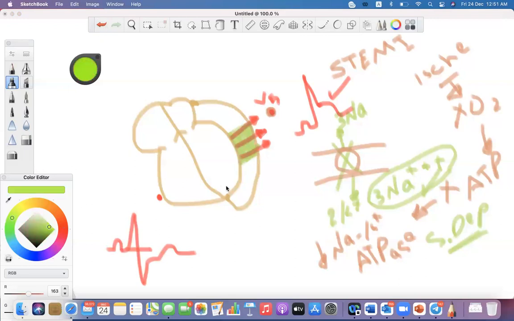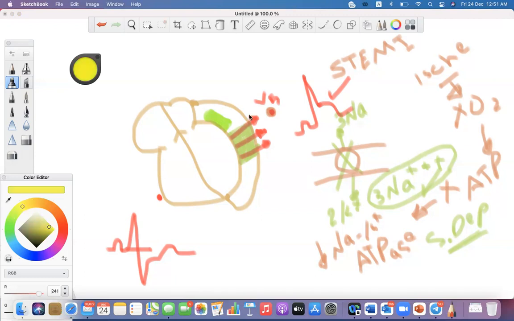Okay. What if there is a subendocardial ischemia, like in cases of unstable angina or non-STEMI? Here, this part only is affected by ischemia. So its electricity increases, its depolarization becomes more marked.